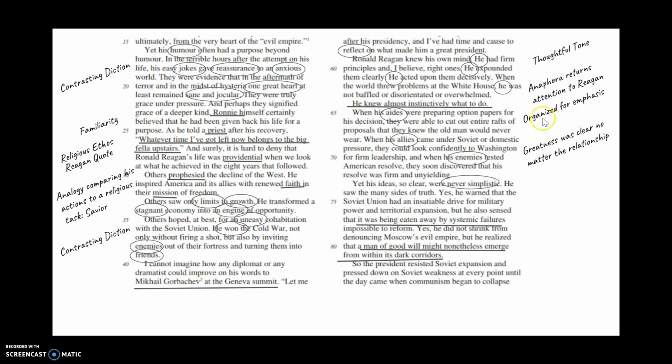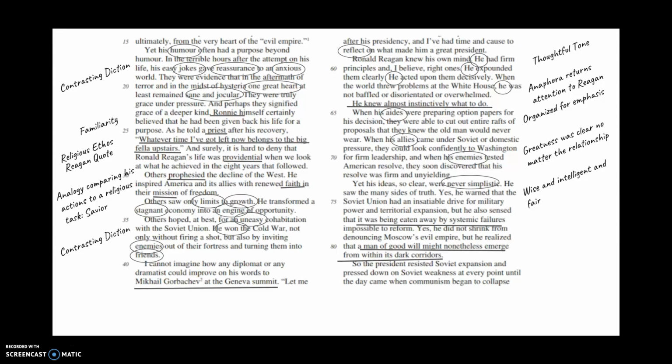Then we have never simplistic. It was being eaten away by systemic failures. A man of goodwill might nonetheless emerge from within its dark corridors. So why these items are underlined and circled is because it's showing that Reagan was a wise and intelligent and fair man.